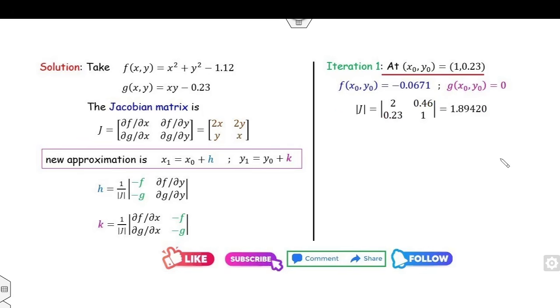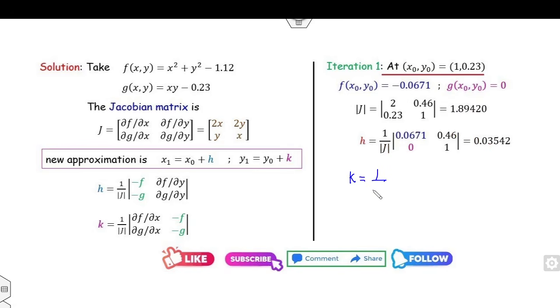If you find the determinant, you will get it up to 5 decimal places. Similarly, I can substitute this value at this point. h is 1 over the determinant. I can replace the first column with the negative of this, so minus minus plus, and this is 0. The second column is the same. Fine. I can substitute the value of the mod of J, which is 1.89420.